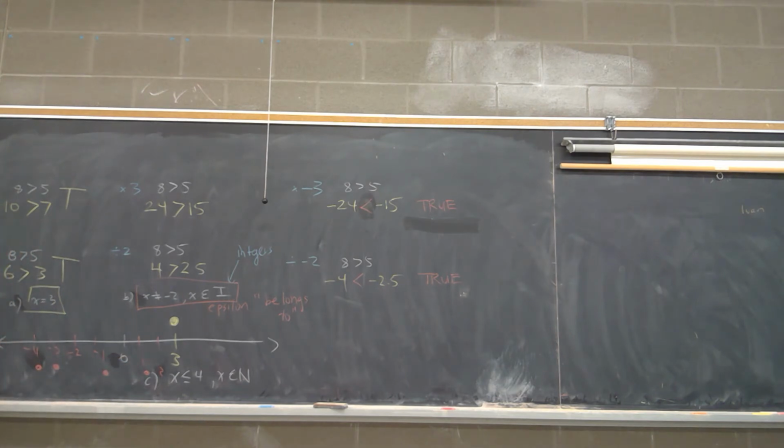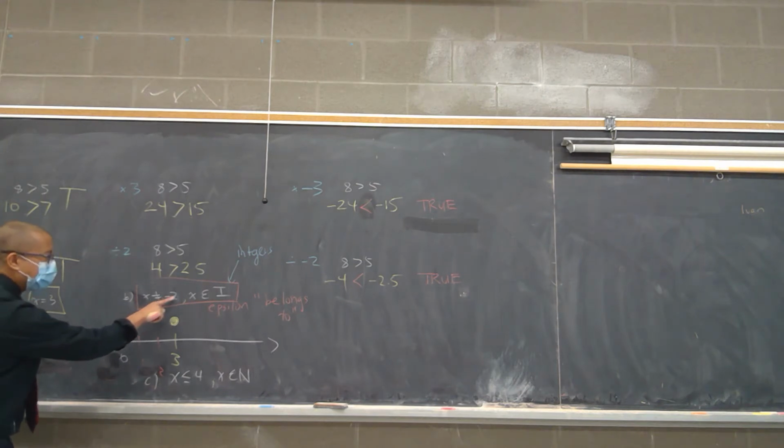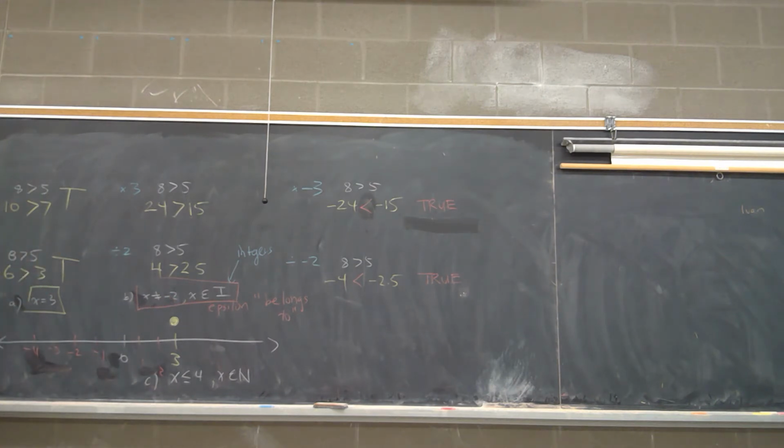Notice I'm leaving... this is a little tedious, Mr. Chen. A lot of you realize that number line goes on forever. So instead of listing all the other possible integers, in mathematics, it's a little easier to say what it's not equal to. What is it not equal to? It's not equal to -2. So watch, I'm going to show you the symbol that you're going to draw on a number line.